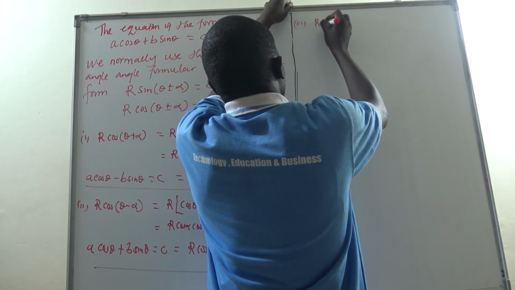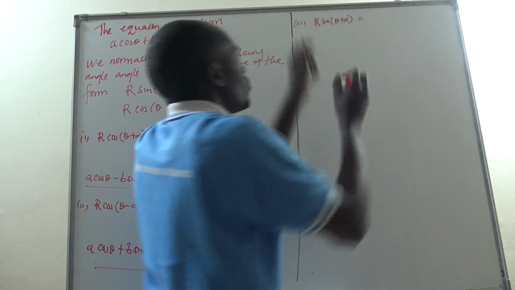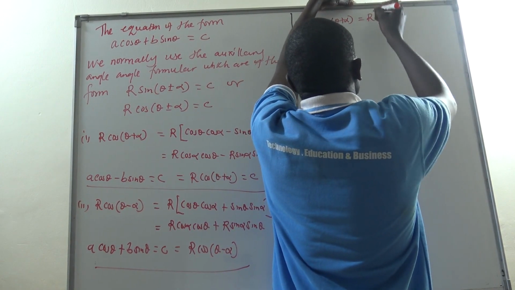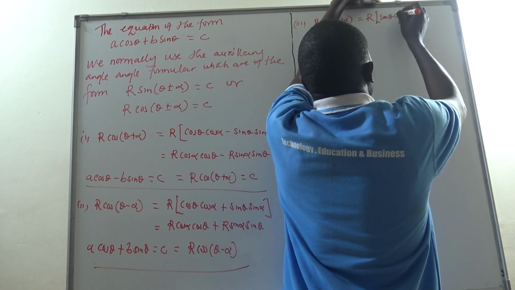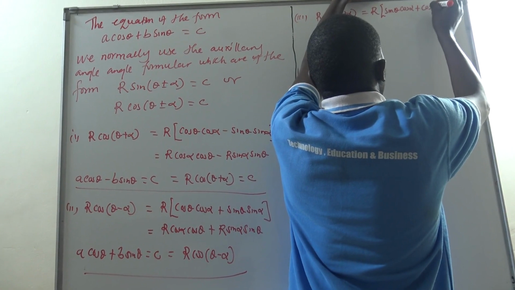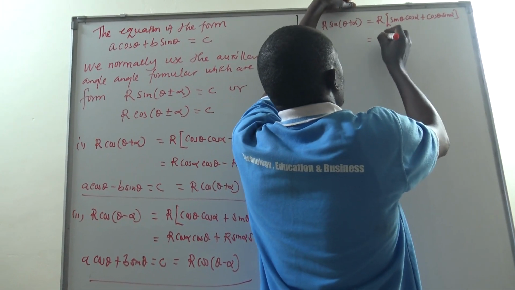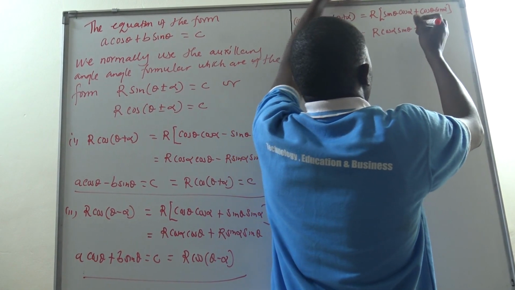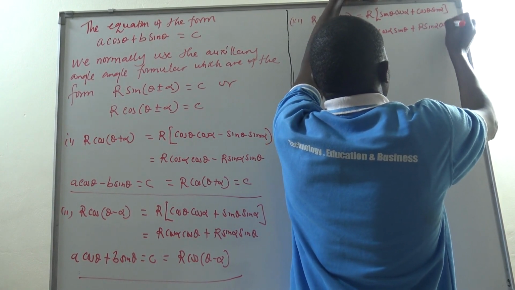Again, we are also looking at a scenario for Roman 3. If we have r sin(theta plus alpha), when trying to open that, we are going to have r into sin theta cos alpha plus cos theta sin alpha. So when you open it, it will be r cos alpha sin theta plus r sin alpha cos theta.